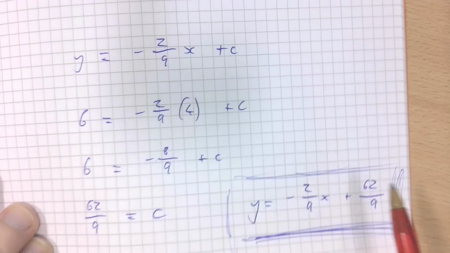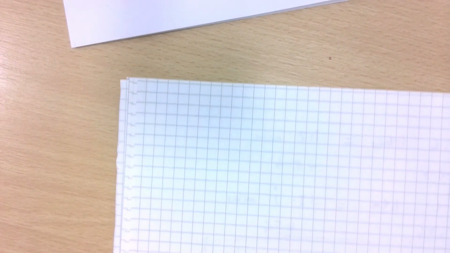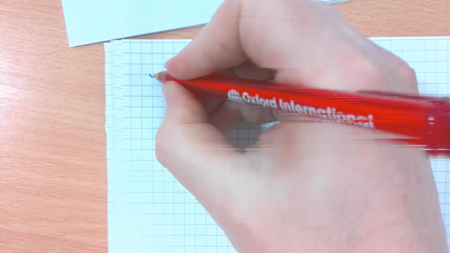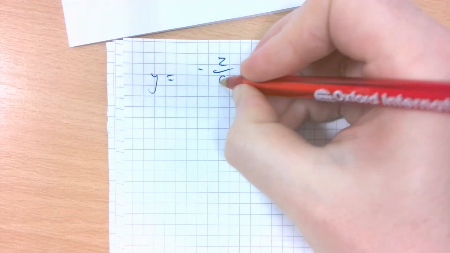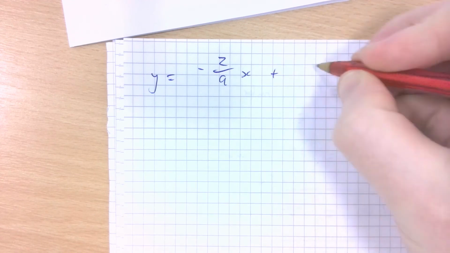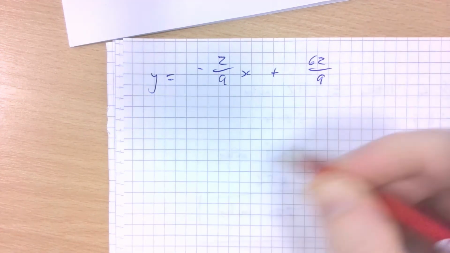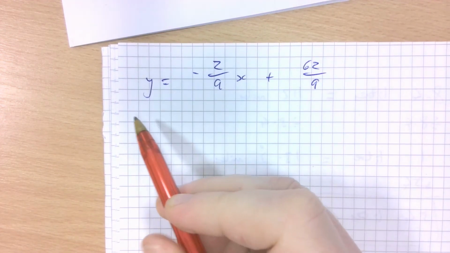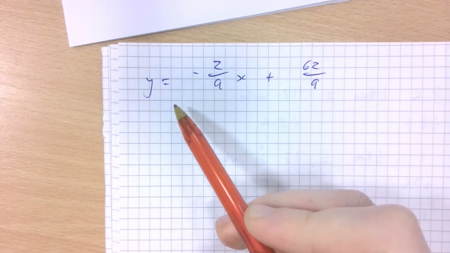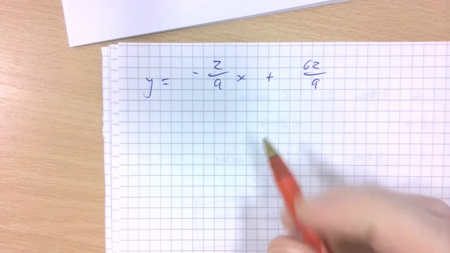This is fine. But if I take this up here, just bear with me. Ooh, getting the camera angle right. y equals minus 2 over 9x plus 62 over 9. Okay? Now, you might think that this is a bit messy because there are fractions and negatives.